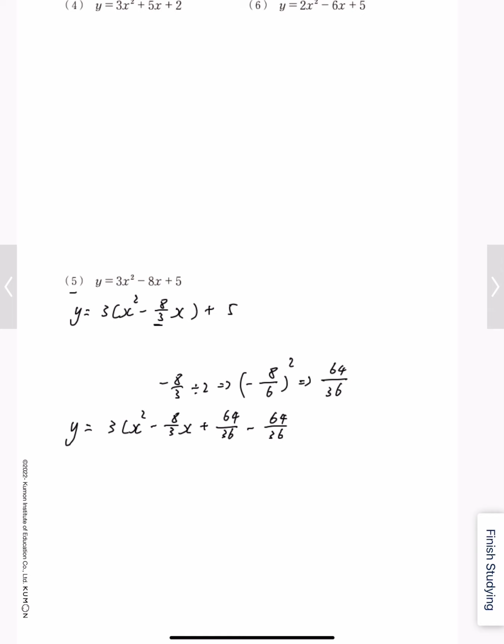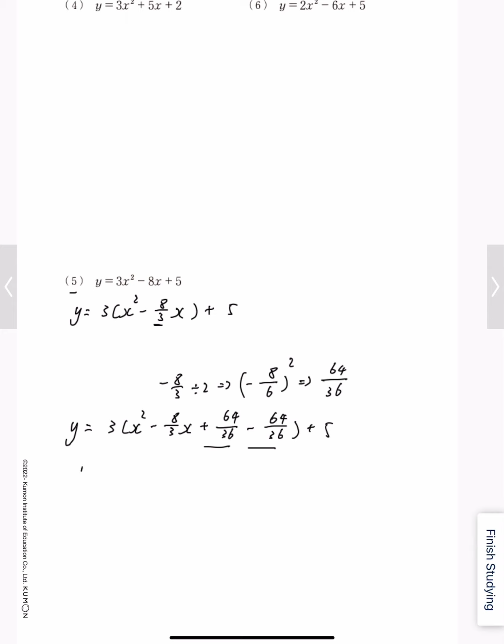Again, you can reduce the 64 over 36 for now, but I just want to show you the idea behind it so then you guys don't make mistakes, right? Of course, it's easier for us to reduce it at this step, okay? Plus 5. Remember, I created this 64 over 36 and I subtracted right away. So then in that case, basically your answer will be 0, right?